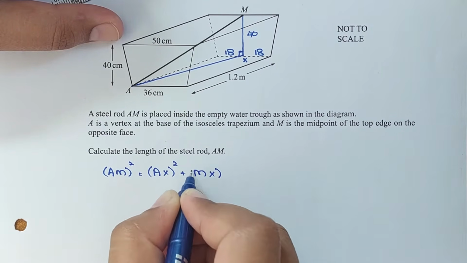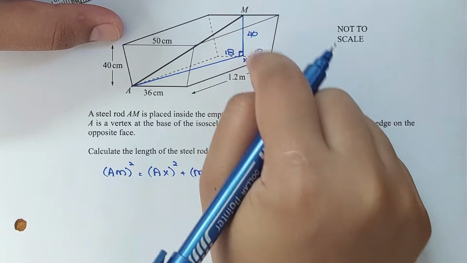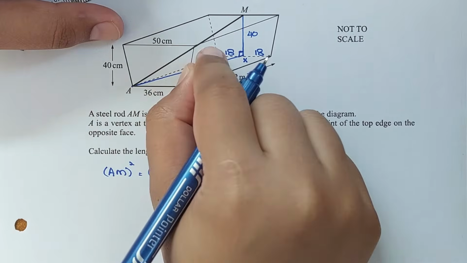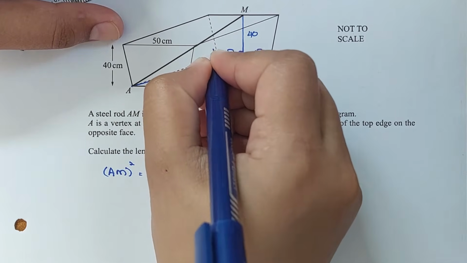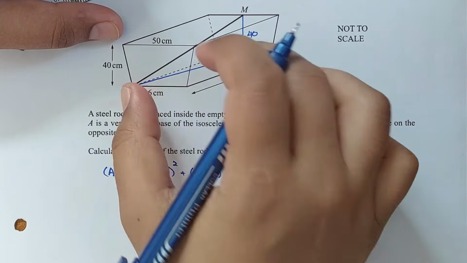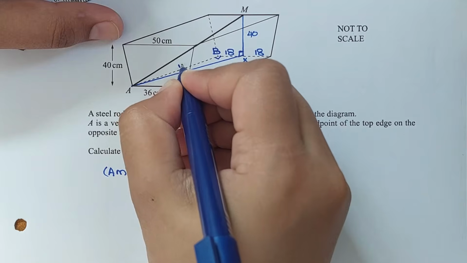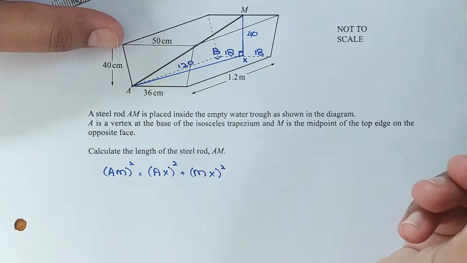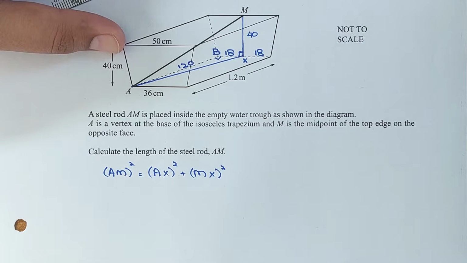We know the value for MX, which is 40, but we don't know AX. Now let's say this point is B, and this is also a right angle triangle. This is 120 centimeters, and this is 18 centimeters. Let me solve for AX using the Pythagoras theorem.